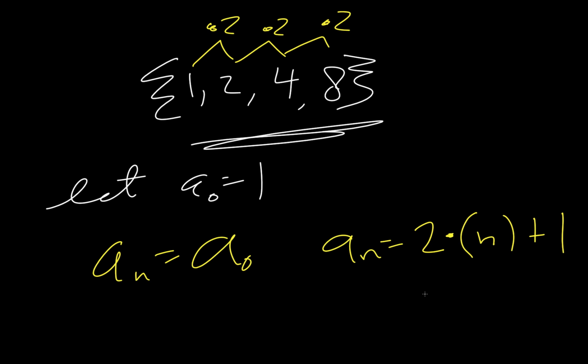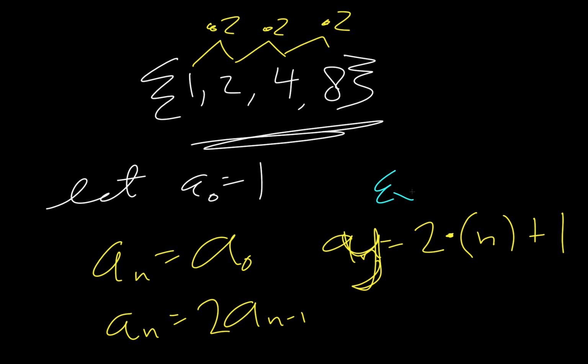So let's try, that's explicit form. That would just be the y equals 2n plus 1. Now, if we start at 1, it's just going to be 2 times a of n minus 1. So I'm going to throw that out, and let's see if that works. Sorry, this was explicit. That's what we did on the previous video. This is recursive.